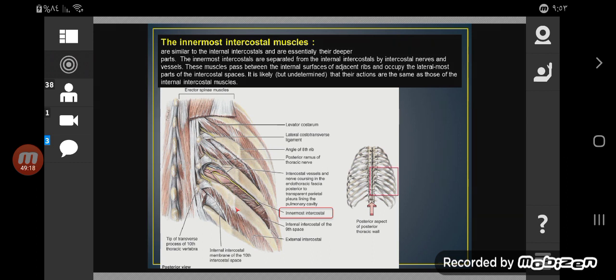In this picture, we can see this is the external intercostal. The external intercostal is removed for taking a look at the internal intercostal membrane, as you see.